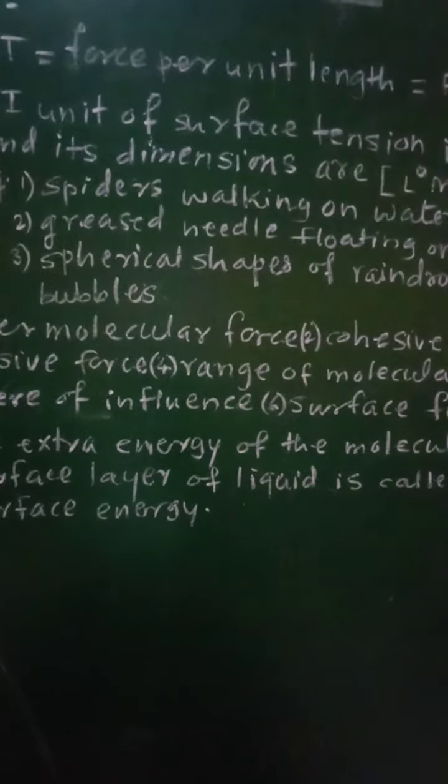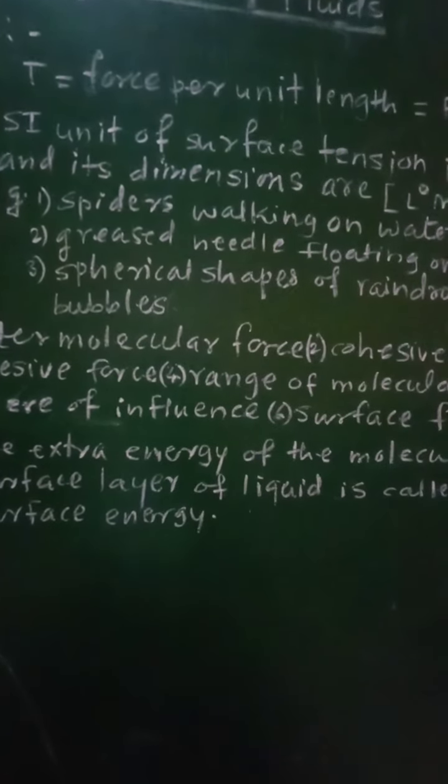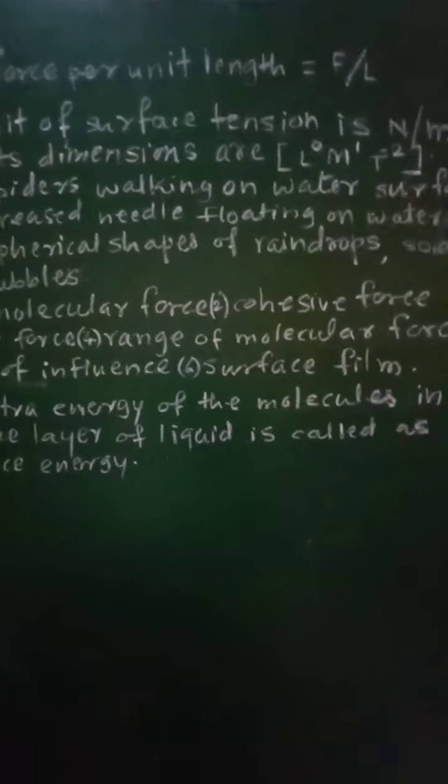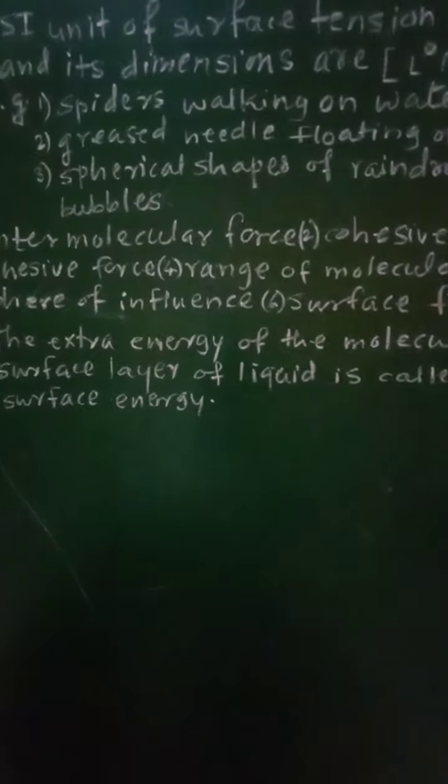The extra energy of these molecules in the surface layer is called the surface energy of that liquid. So the definition is: the extra energy of the molecules in the surface layer, that is the surface film of the liquid, is called the surface energy.